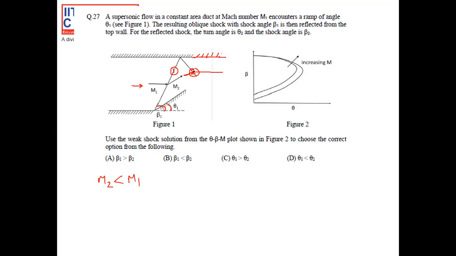So for this case, this is the deflection of the flow due to the top wall, which is given as theta 2.